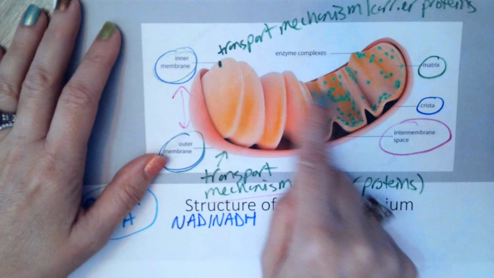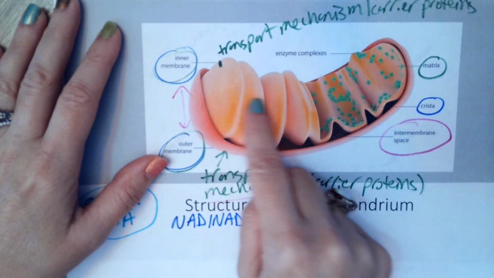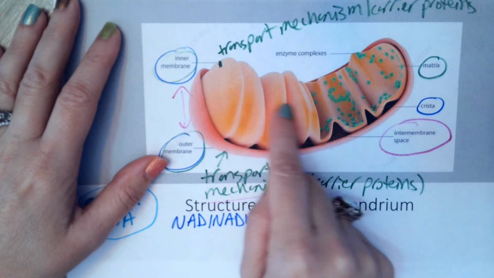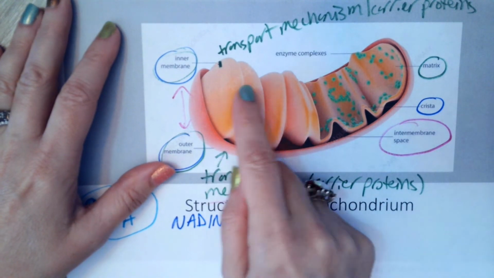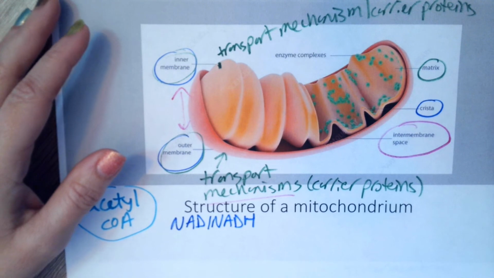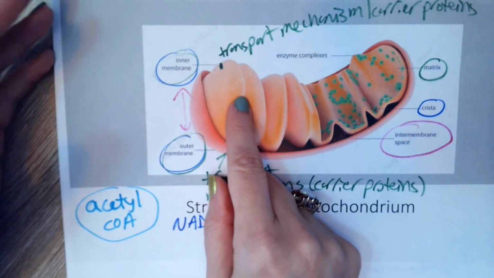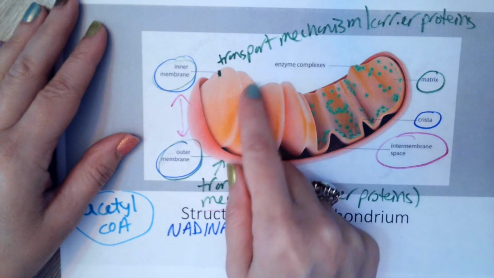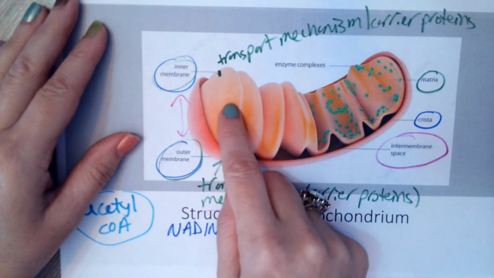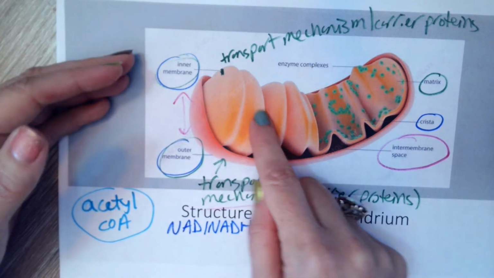Now there's also an inner mitochondrial membrane. That's this all in here that sort of looks worm-like a little bit. But it's just another membrane, and again, as a membrane, things aren't just able to pass however they want across it. We need to have transport mechanisms and carrier proteins for that too, in order to get things into or out of the inside.